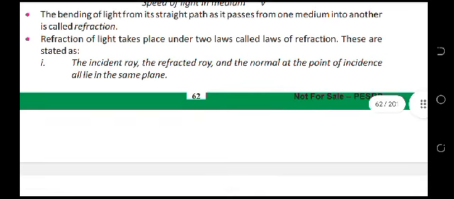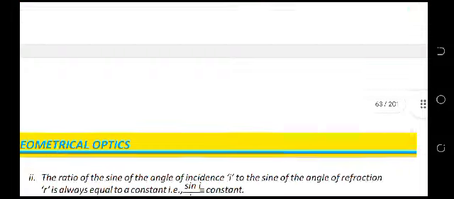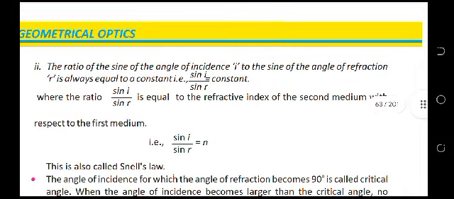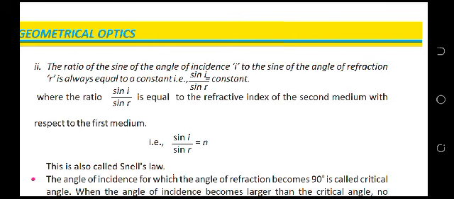Refraction of light takes place under two laws called the laws of refraction. These are stated as follows. One, the incident ray, the refracted ray, and the normal at the point of incidence all lie in the same plane. Two, the ratio of the sine of the angle of incidence i to the sine of the angle of refraction r is always equal to a constant.